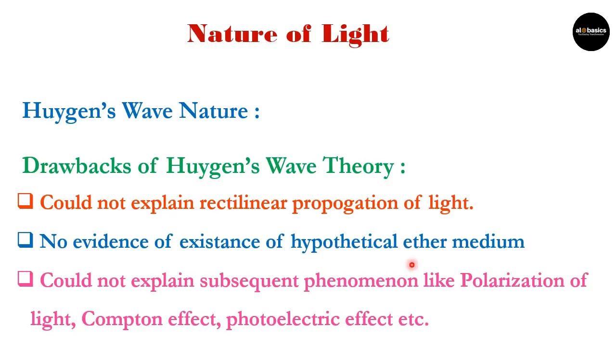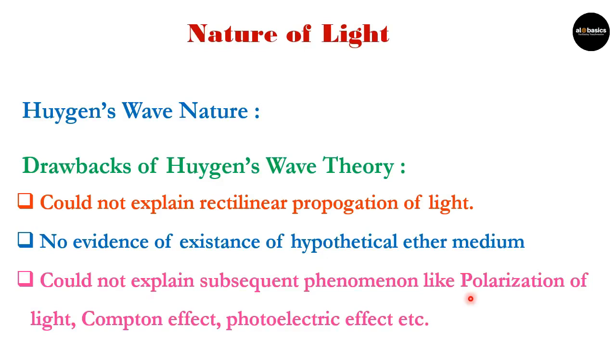But after that, polarization is a phenomenon related to waves, but still his theory could not explain polarization because polarization is not satisfied by longitudinal waves. And the main consideration of Huygens regarding light is longitudinal wave.